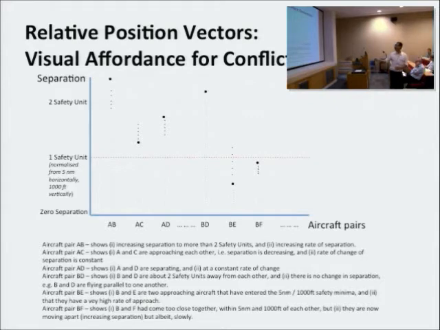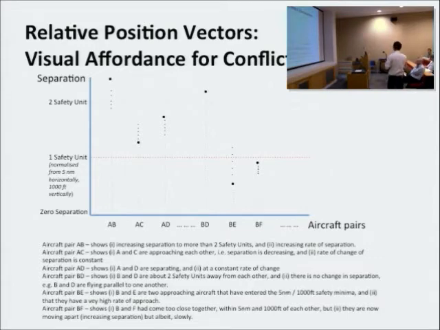I just look at the display, and I can see, like in this case, an aircraft that is within the safety unit is not a concern, primarily because the separation is increasing. It's moving in the other direction, right? So this is one basis on which you can apply such concepts of ecological design.